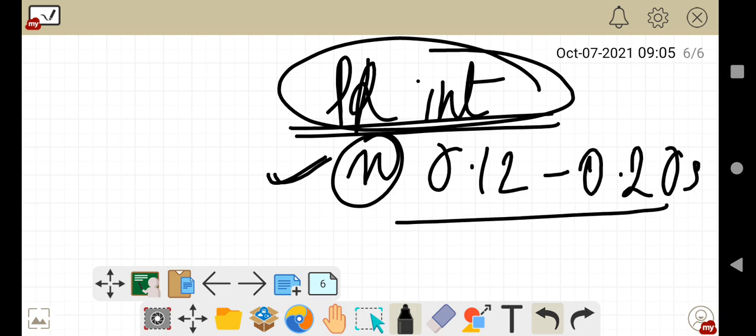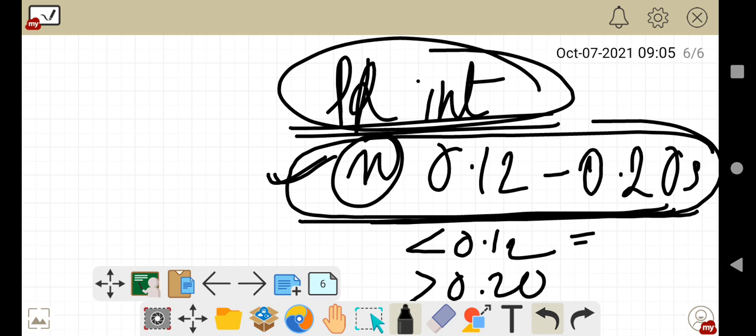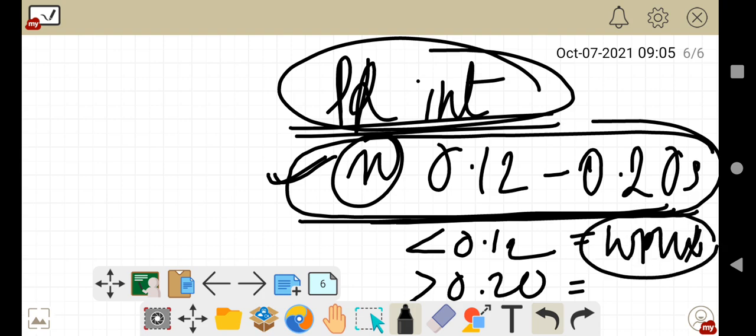This has been asked again, right? Now what if it is less than 0.12 or more than 0.20? That is also important. When the duration is less than 0.12, we say WPW syndrome, correct? And when it is more than 0.20, we say this is first degree heart block, correct?